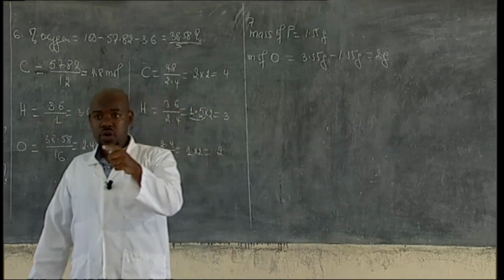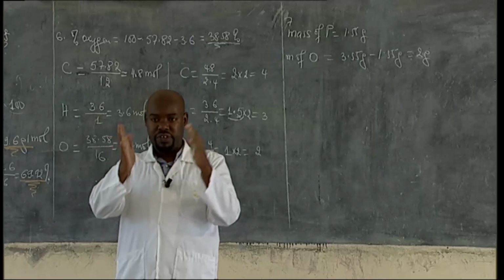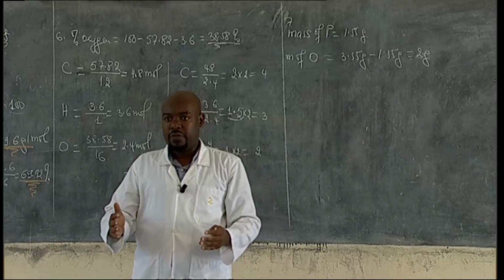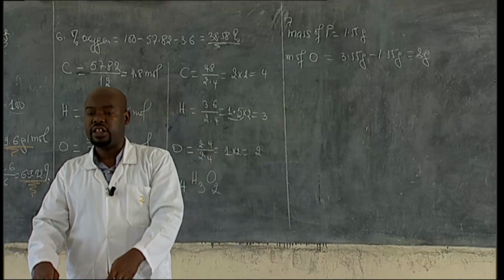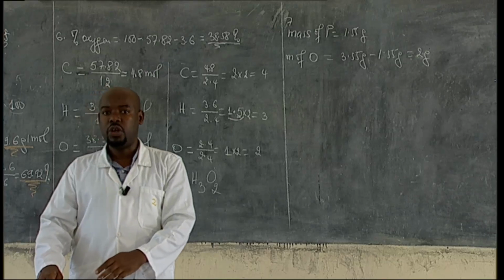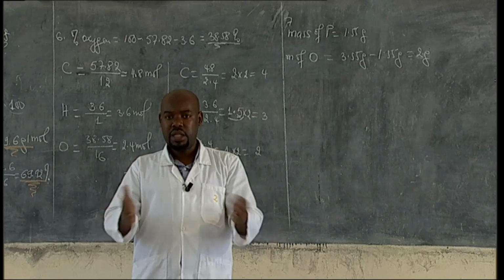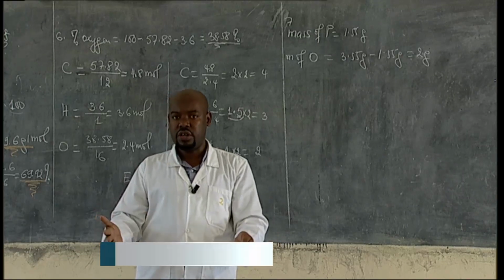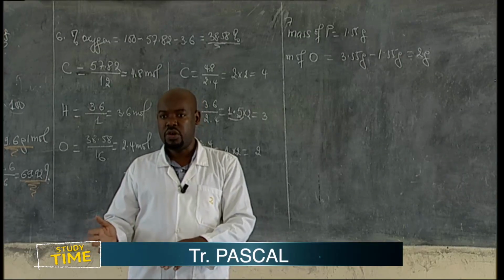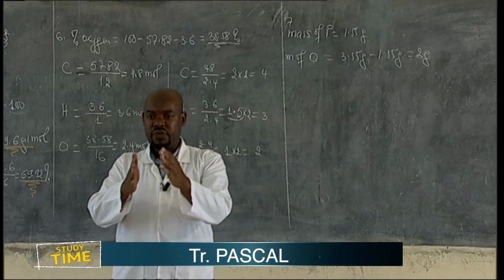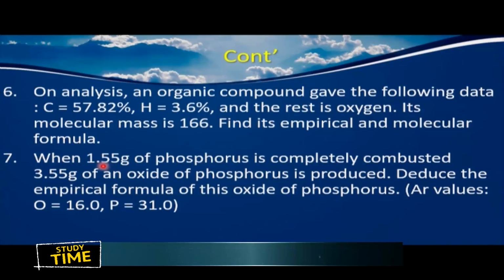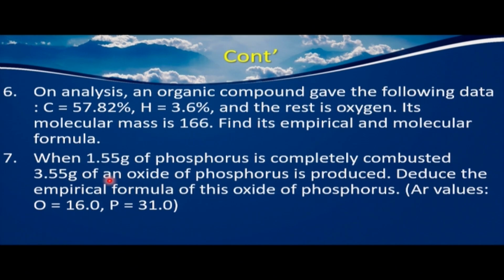So when you have the mass of the product, you can find the mass of one of the reactants because of what we call the conservation of mass. Matter is neither created nor destroyed, but you can transform it. You know that. So the difference we have between these two values is the oxygen which has been added.